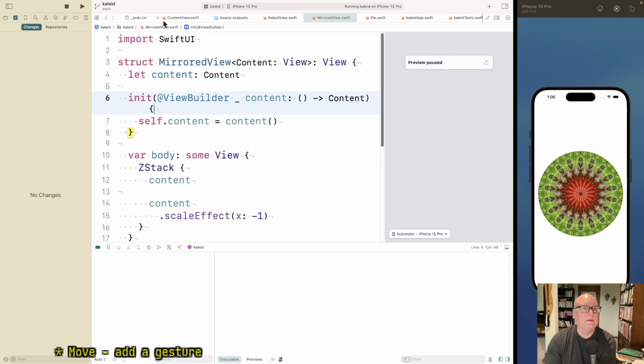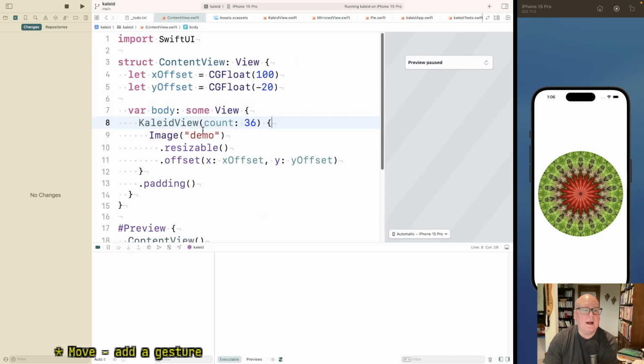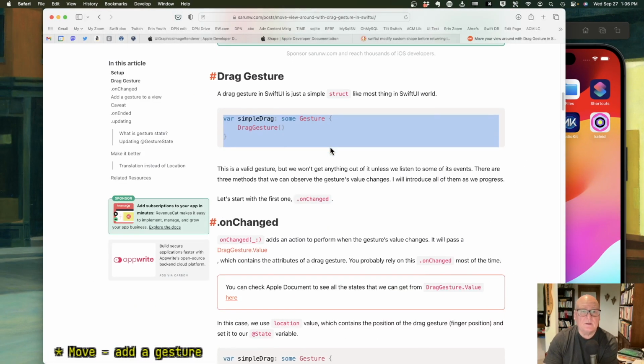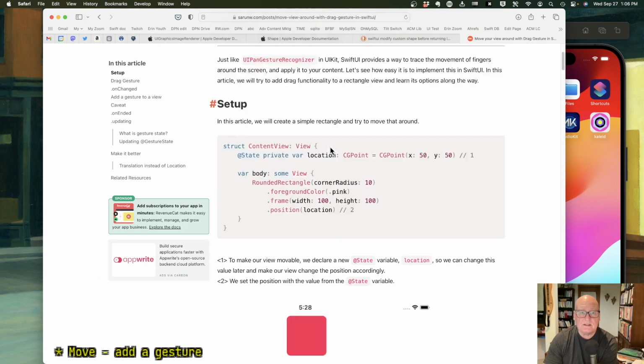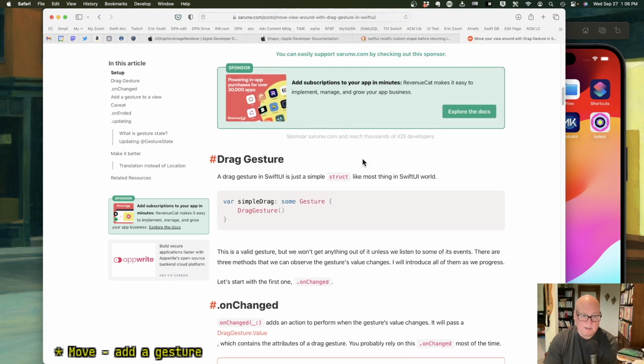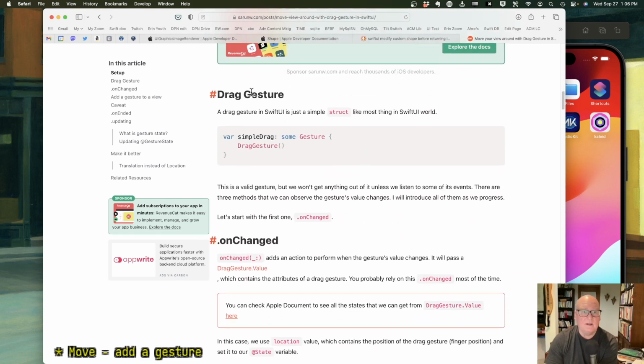All right. So I looked up this dragging. Yeah, here we go. So this lets us define a state for a location because it's variable, and we can create a drag gesture.